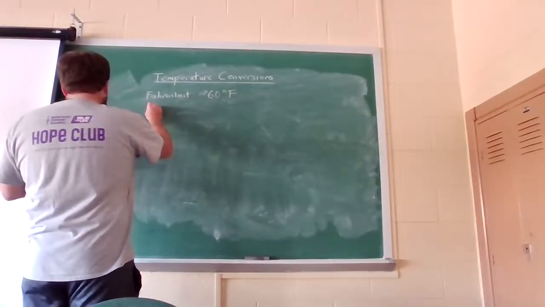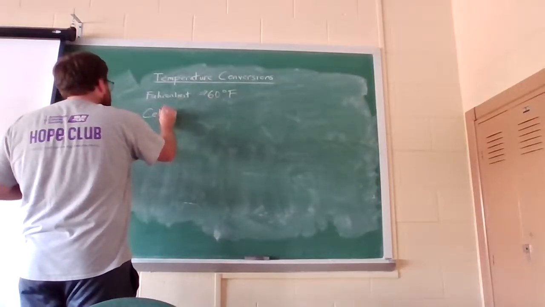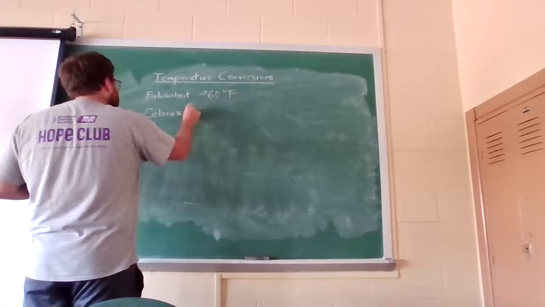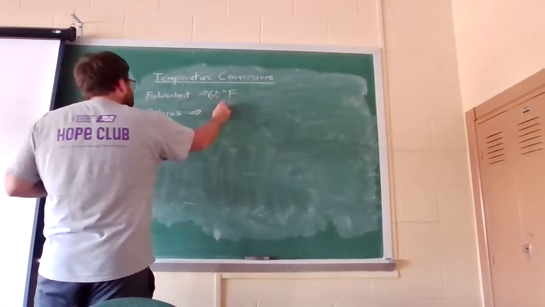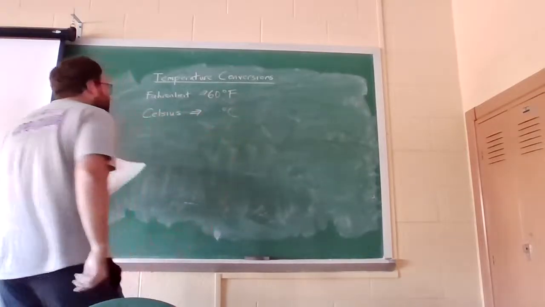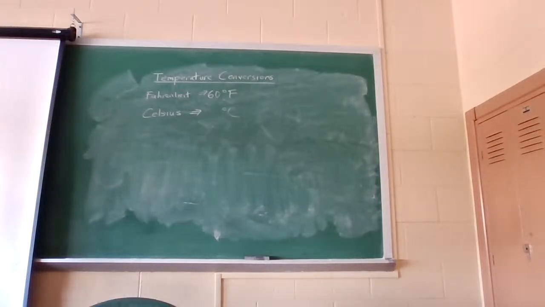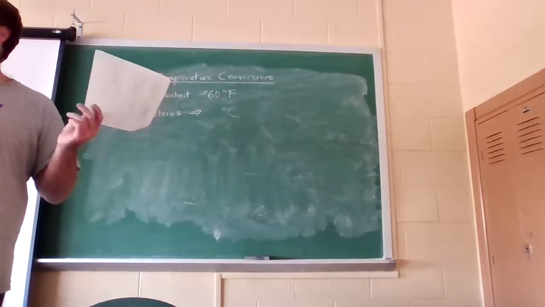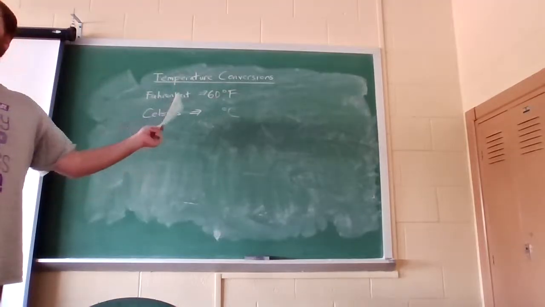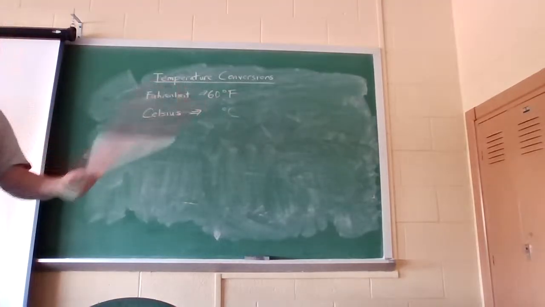But there are some other ones. Celsius is denoted by degrees C. If you were in any part of the world besides the United States, that's how you would see temperatures there.